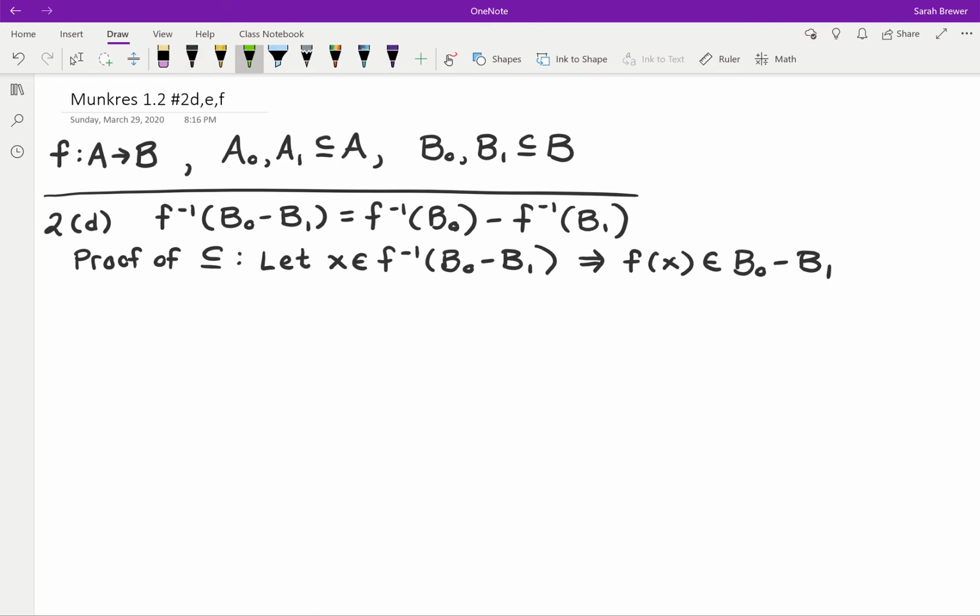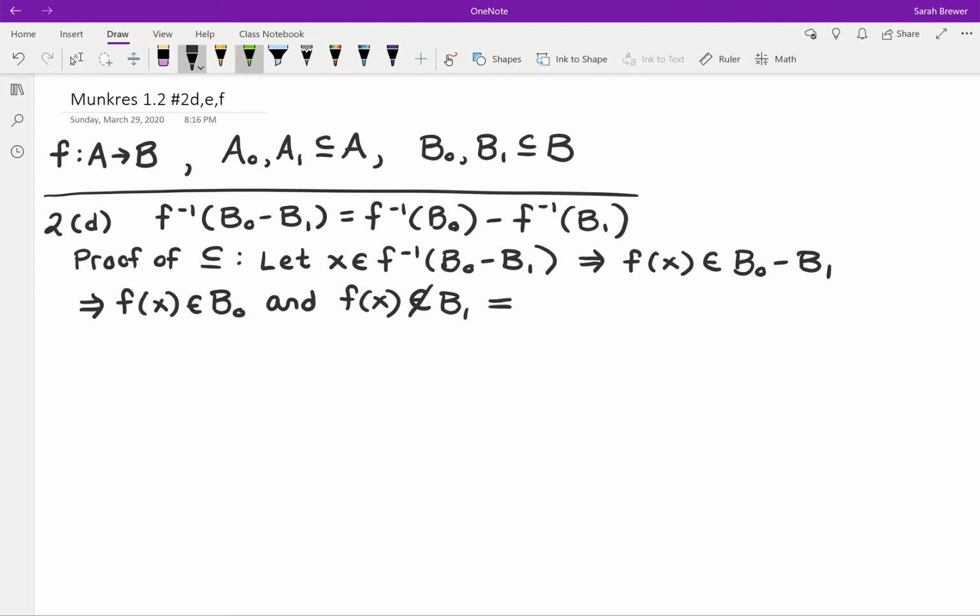Recall what that difference of sets means: f of x is in B0 and f of x is not an element of B1.